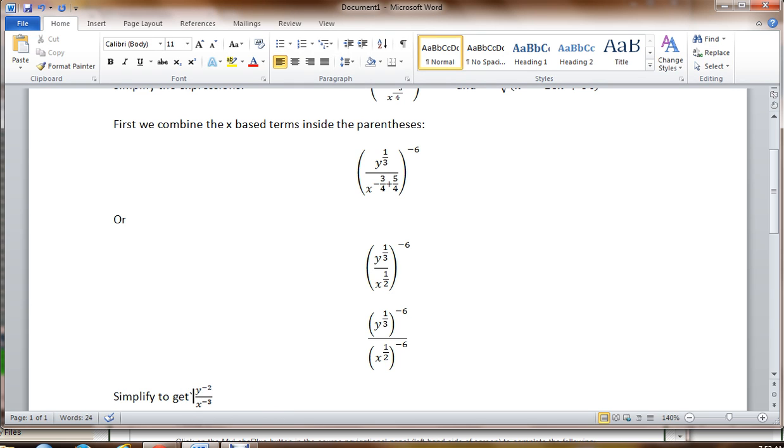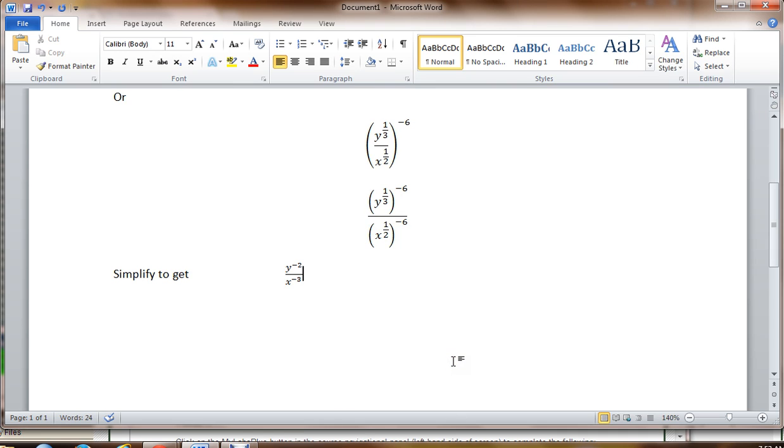Just going to tab this over a little bit. All right, now the last thing that we can do is when you have negative exponents, you can switch the sides of the fraction. So the -2 on top can come down to the bottom and become a +2, and similarly the -3 on the bottom can come up to the top and become a +3.